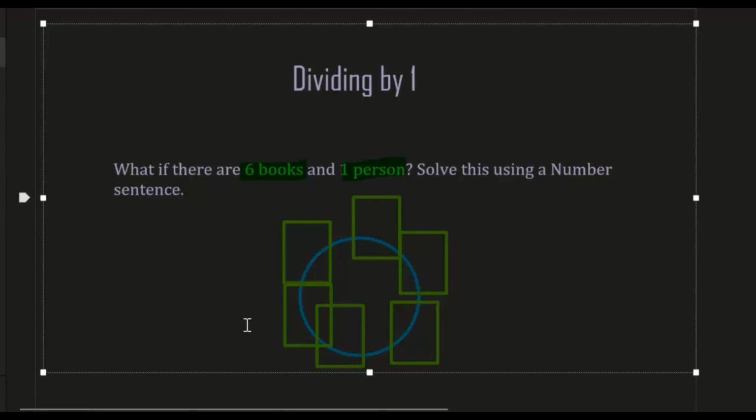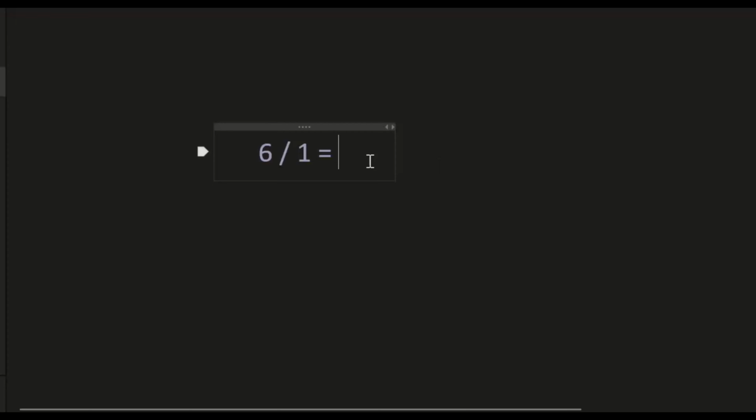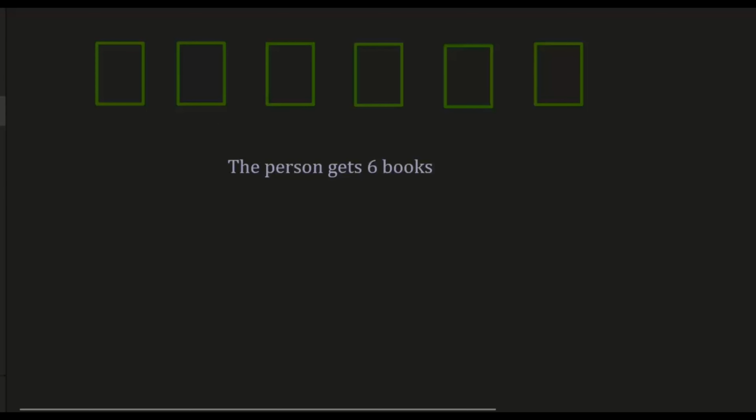That means that 6 divided by 1 equals 6. The person gets 6 books. Our rule for these kind of questions is any number divided by 1 equals itself.